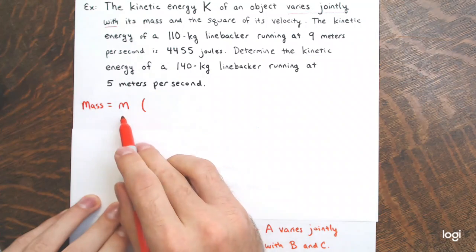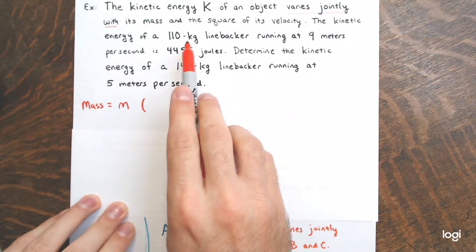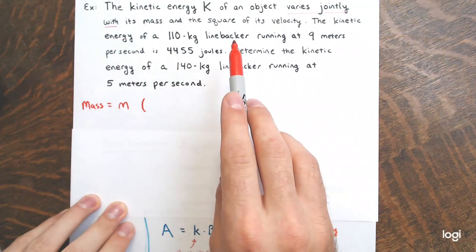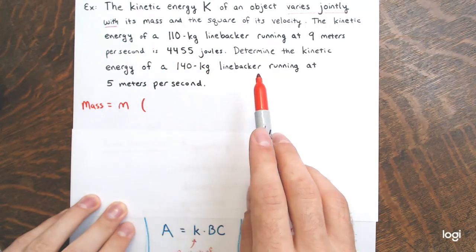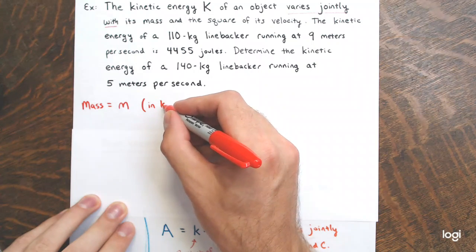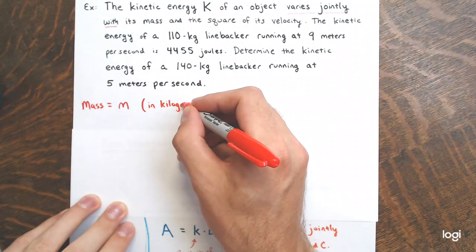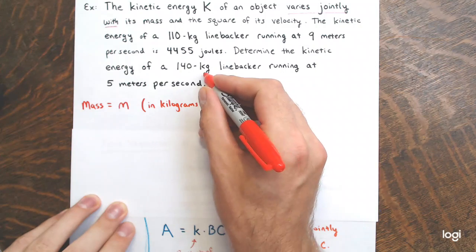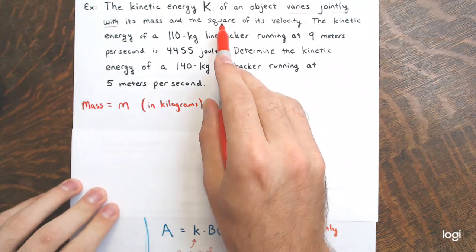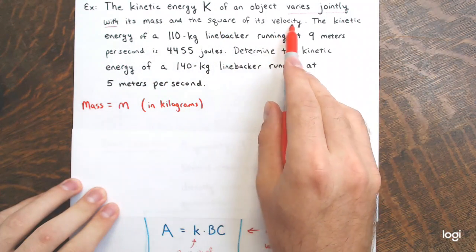And when you read through later, the kinetic energy of a 110 kilogram linebacker, a 140 kilogram linebacker later, it looks like the mass is given in kilograms, or kg. So all my masses of objects are in kilograms, and then the square of its velocity.